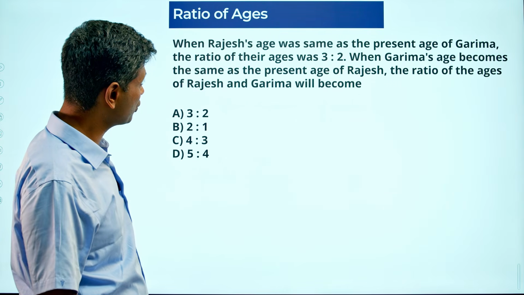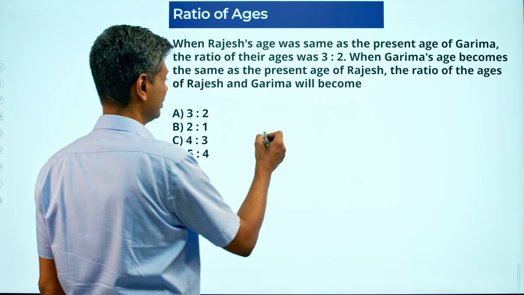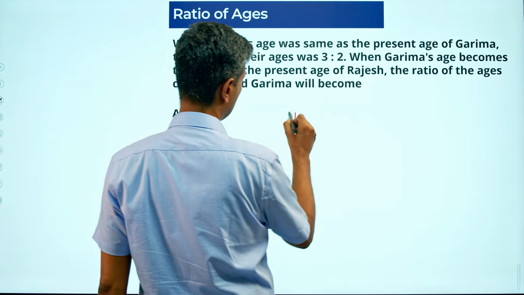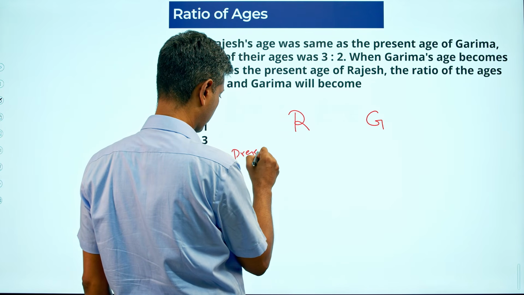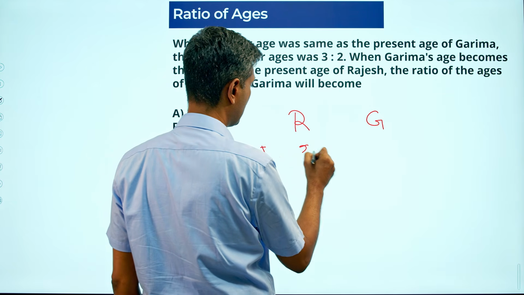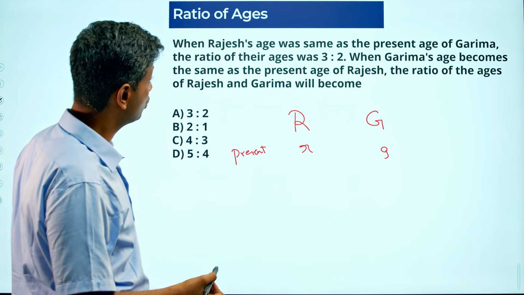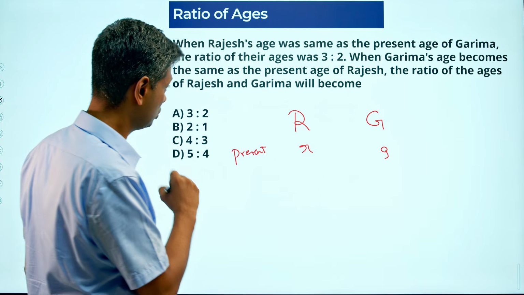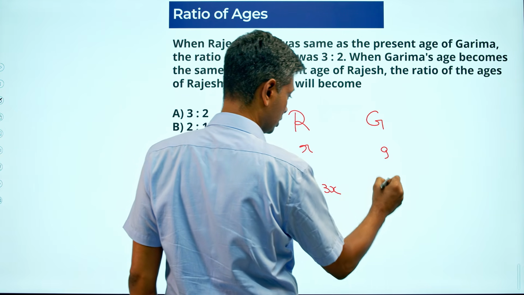When Rajesh's age was the same as the present age of Garima, the ratio of their ages was 3:2. Say Rajesh and Garima's present ages are R and G. When Rajesh's age was the same as Garima's present age, the ratio of the ages was 3:2. I'm going to call G as 3x, should have been 2x.